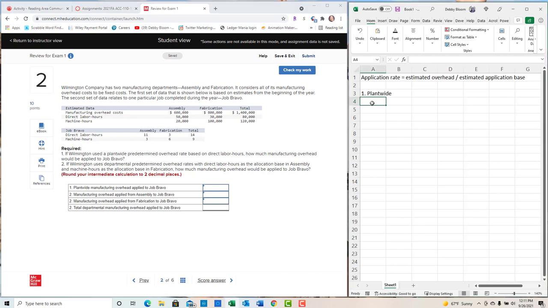So in this case, our application rate, we were told in requirement 1, is based on direct labor hours. So plant-wide, we take our total overhead divided by total direct labor hours, because again, in requirement number 1, we were told that it's based on direct labor hours.